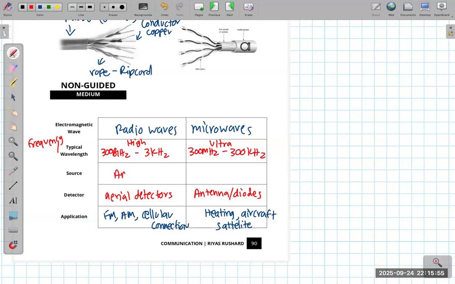For the source, from where it can be going through, we can go with antennas.